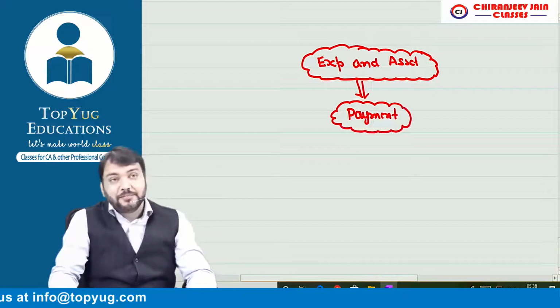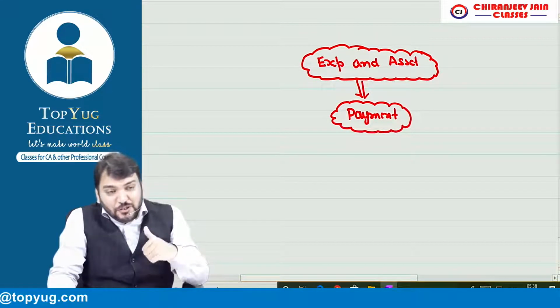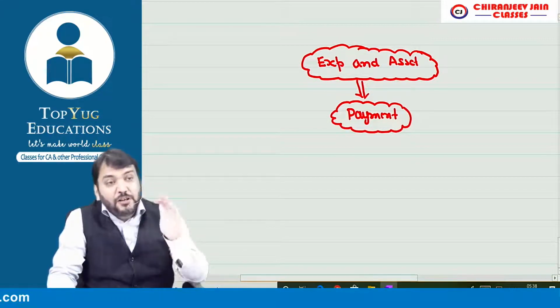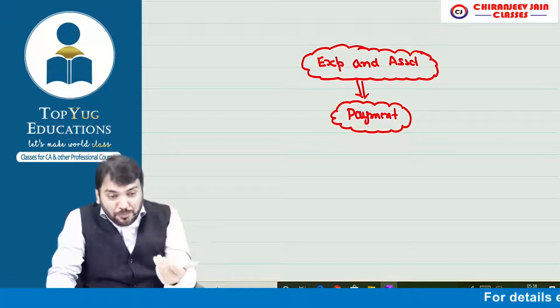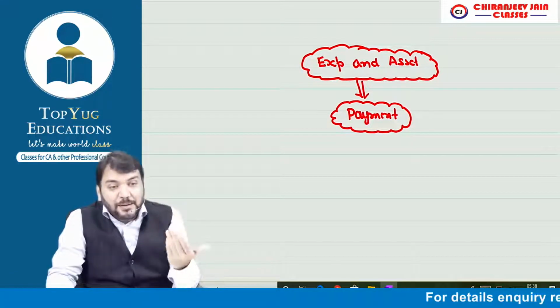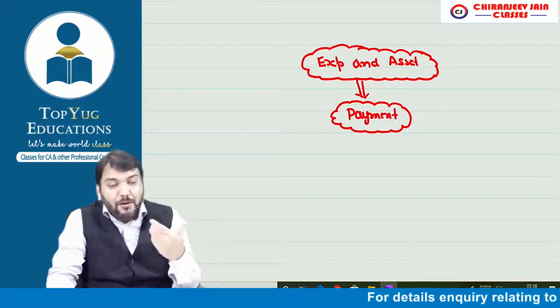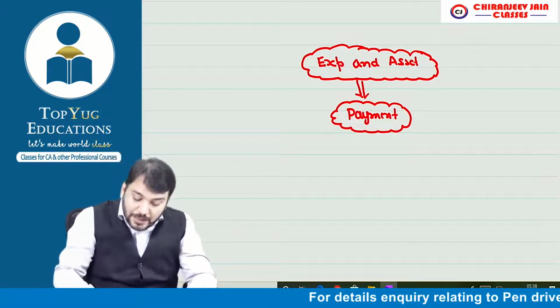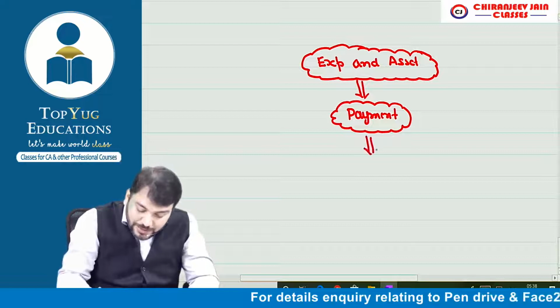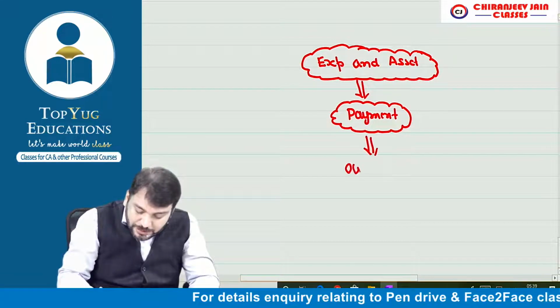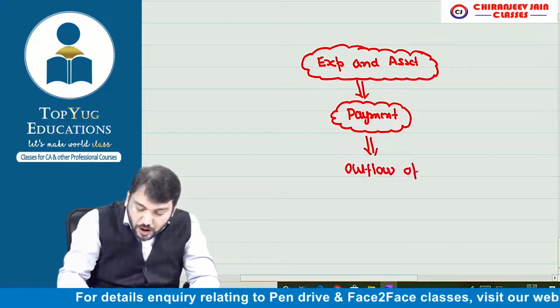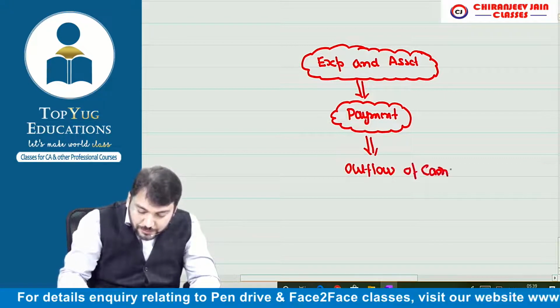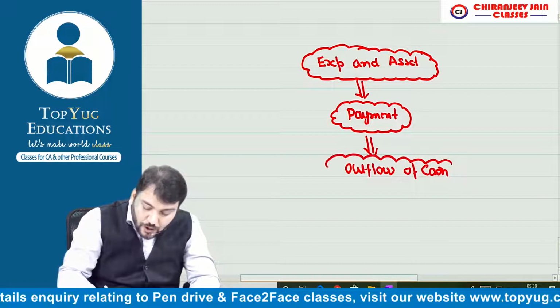Means can I say whenever you incur some expenses or purchase any asset, you need to pay some amount to the other party. Correct? Are you getting? It means there will be an outflow of cash.